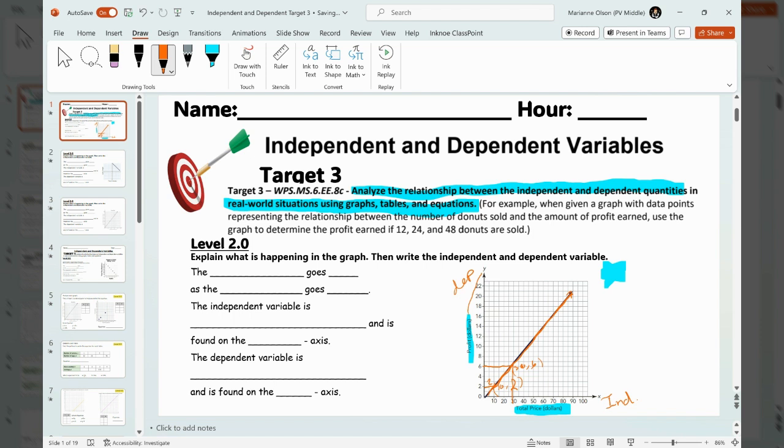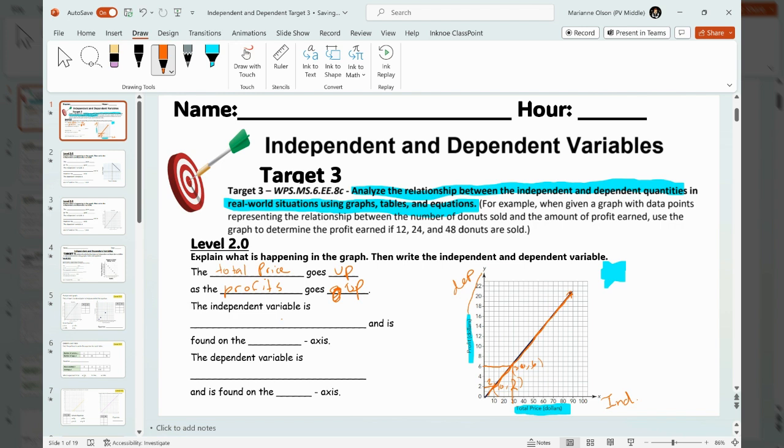So basically, I'm going to use the words: the total price goes up as the profits go up. So that's how they're related. They're both increasing. And let's look in particular at what we labeled over here in word form.